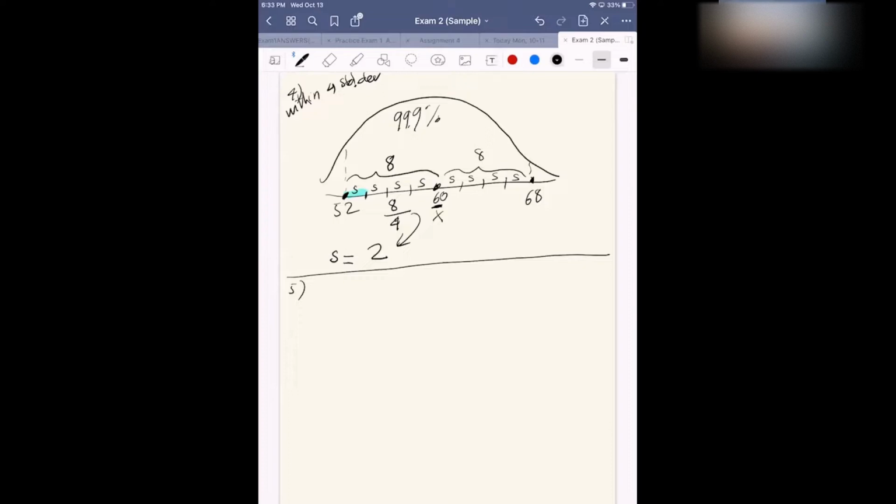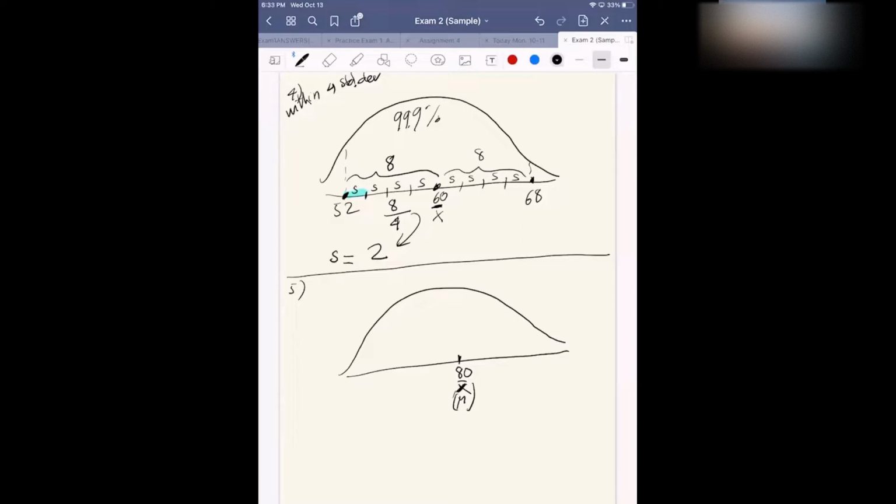Number 5. This might be a repeated case. I'm going to give you the mean to be 80. The mean sometimes can be the x bar, or it can also be the mean mu, but in either case you still use the same empirical rule.